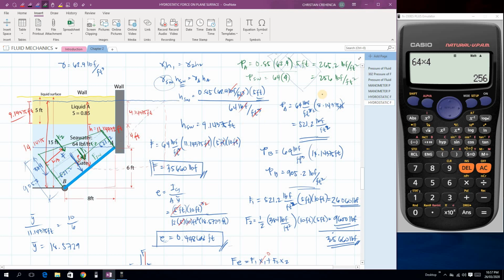So, pag in-add mo yung dalawa, yan pa rin yung pressure to sa point A na nakuha natin kanina. So, i-add ko ulit dito yung 265.2. Okay? So, 521.2 pound force per square foot. Okay, so yun pa rin yun. So, yun pa rin yung pressure dun sa A.